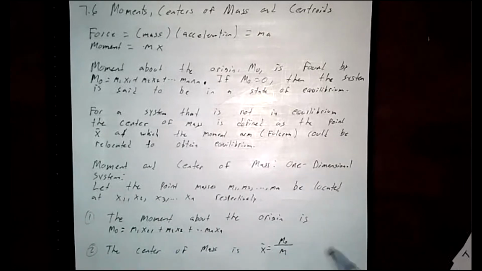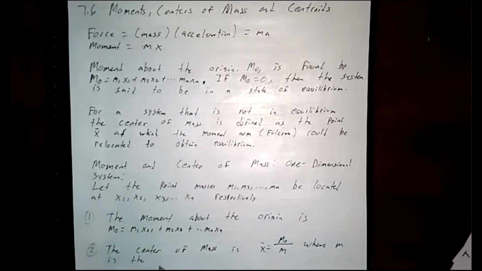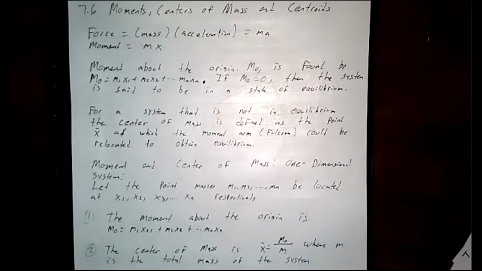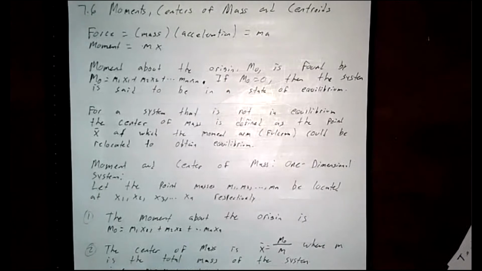So this m on the bottom is the total mass of the system, that is to say that m is equal to m1 plus m2 plus m3 all the way to mn.